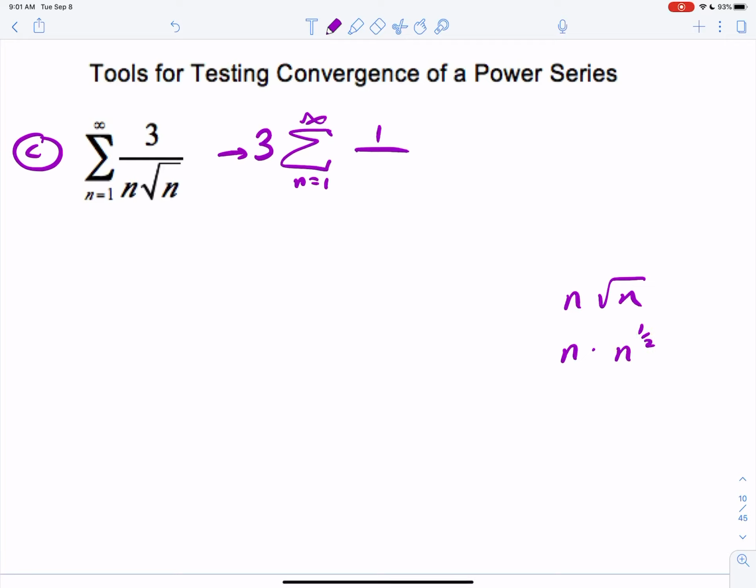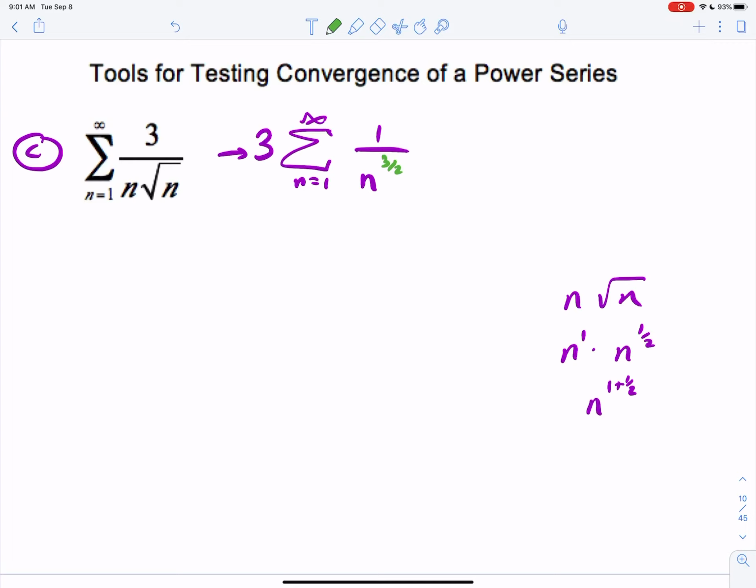Square roots, right? And if we multiply with the same base, we add our exponents here. So that's n to the 1 plus 1/2. Go ahead and do that real quick. So that's really just n to the 3/2 power.